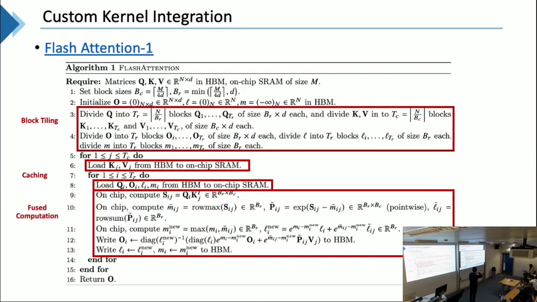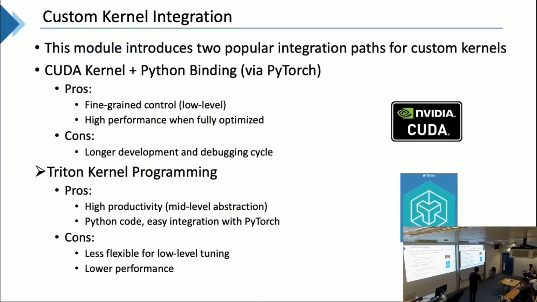So they actually improve the performance a lot. And that's the reason why we need to learn custom kernel integration. There are basically two ways to do this. The first one is to write a CUDA kernel, which usually gives you a high-performance kernel, but the disadvantage is you need to spend a lot of time on CUDA kernel development. Another way to do custom kernel integration is through Triton.